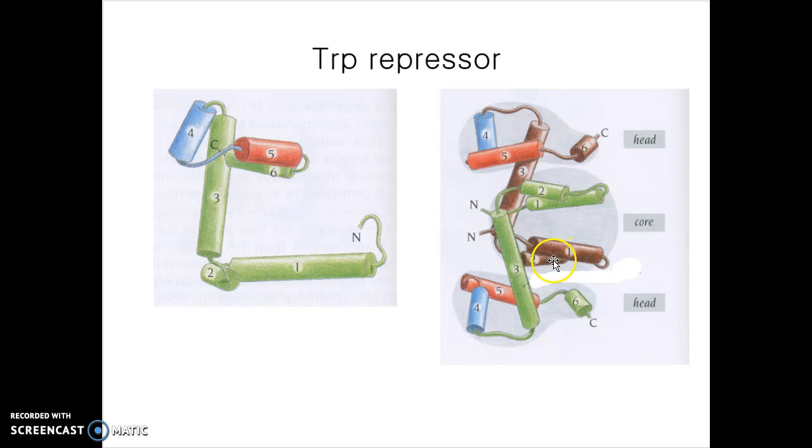The 1 and 2 helices just make core regions, and then 4 and 5 together with 6 make head regions. Helix 3 just connects the two regions.